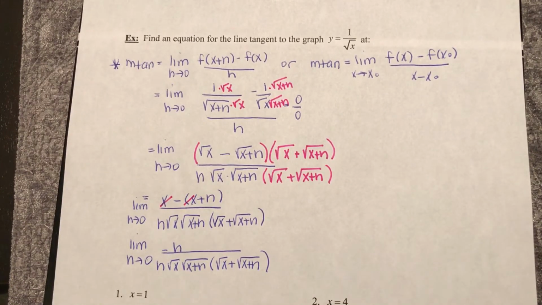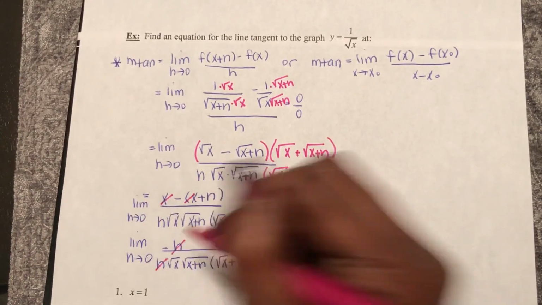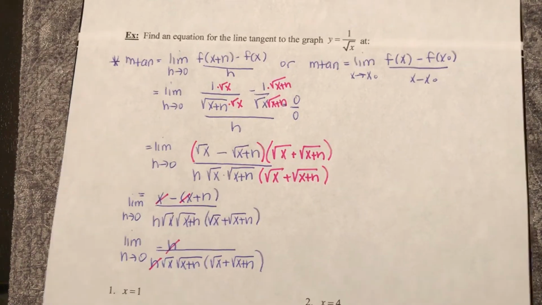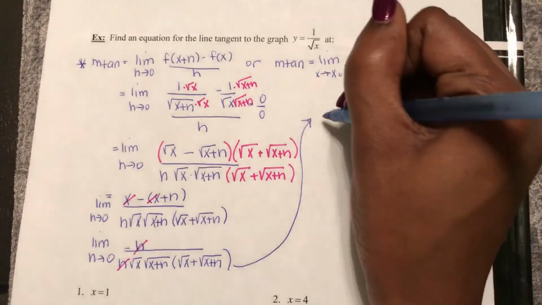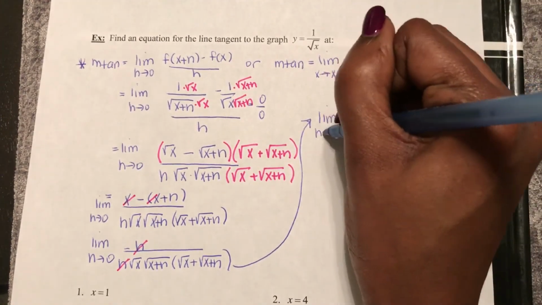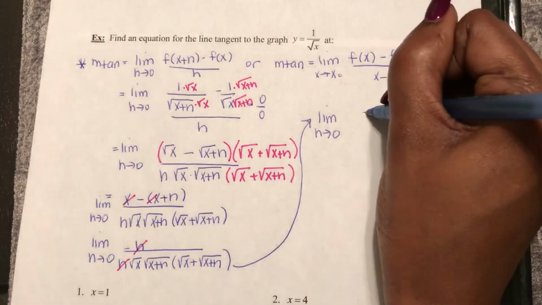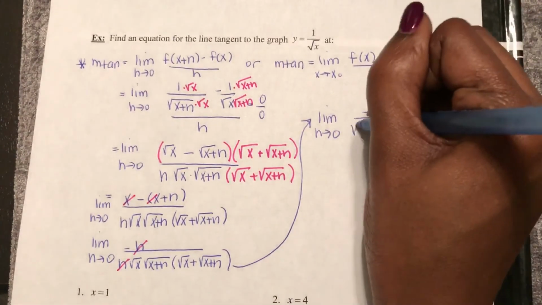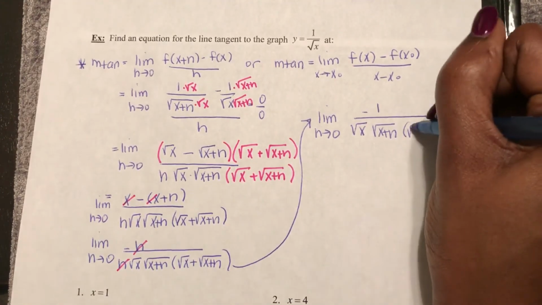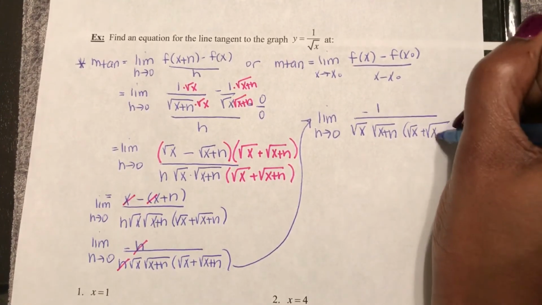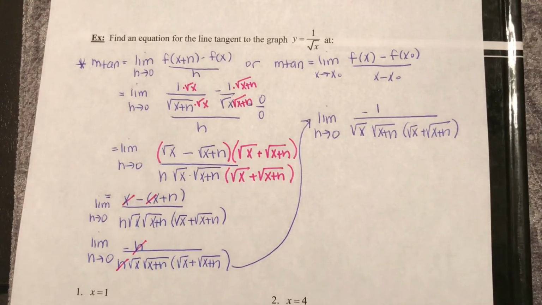So now we'll see these h's cancel. Now coming up here, I have the limit as h approaches 0 of negative 1 over square root x plus h multiplied by my conjugate.